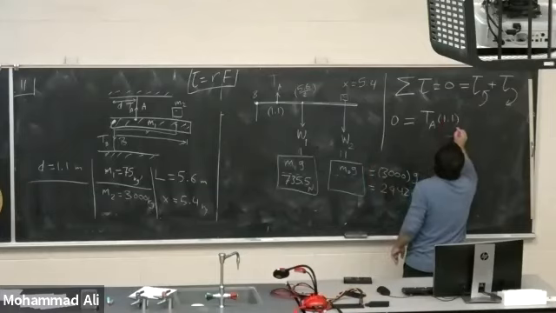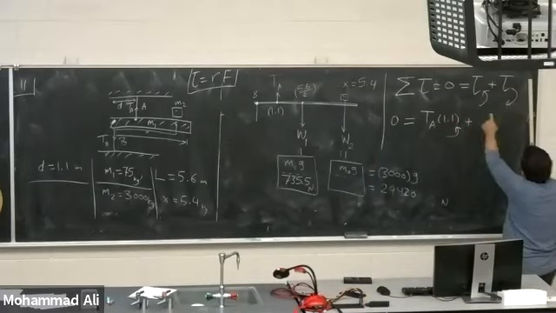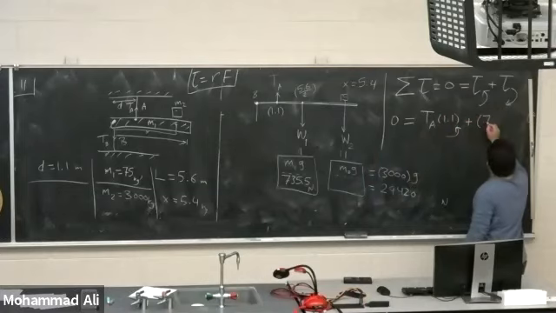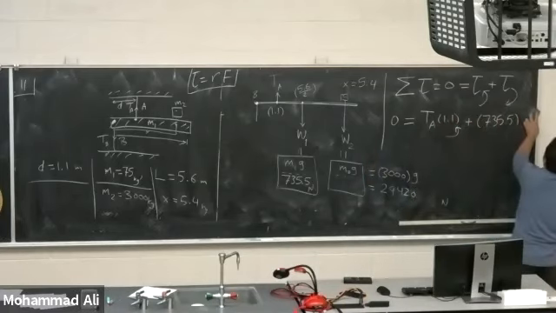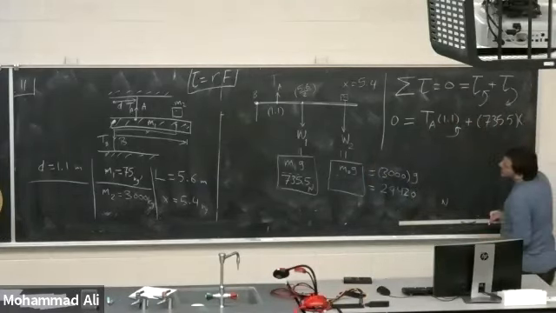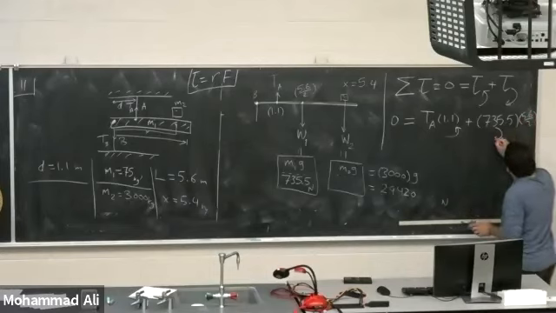1.1, this is counterclockwise, plus from the first weight, which is 735.5 multiplied by its distance, which is 5.6 over 2. It is clockwise, so it will be negative now. This is positive.